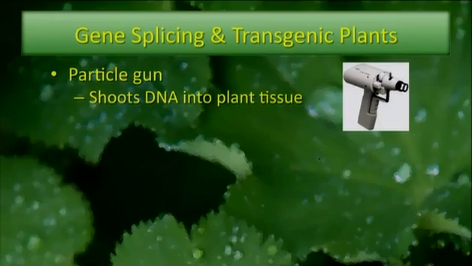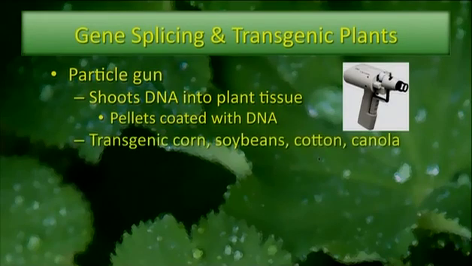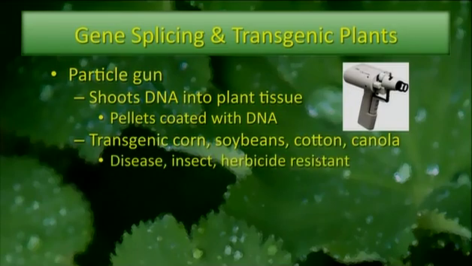They have tungsten or gold pellets coated with the DNA, and the DNA is shot into, say, corn cells. This way they made transgenic corn, transgenic soybeans, transgenic cotton, transgenic canola. They've imparted disease resistance, insect resistance, and herbicide resistance into plants.